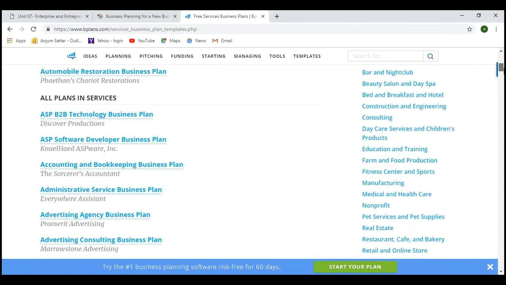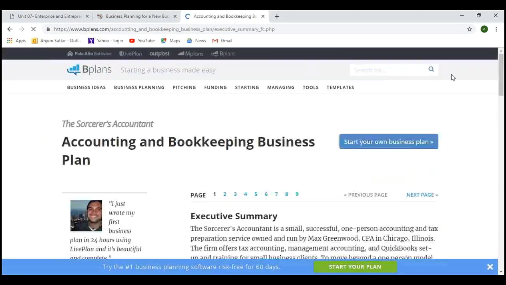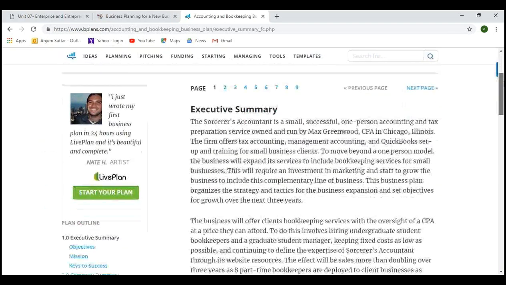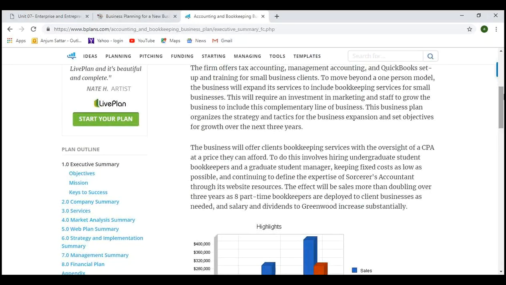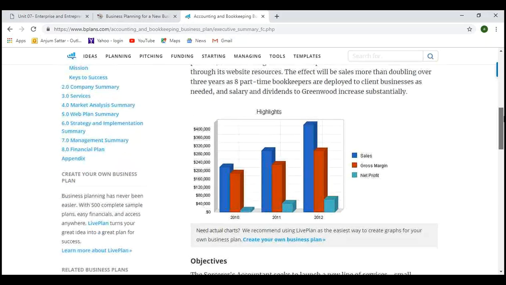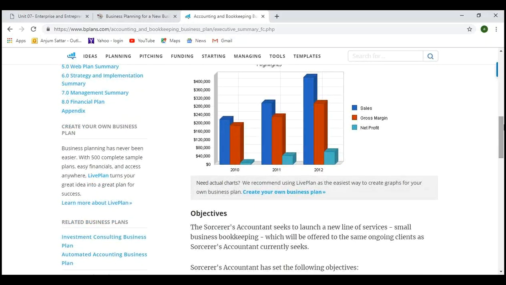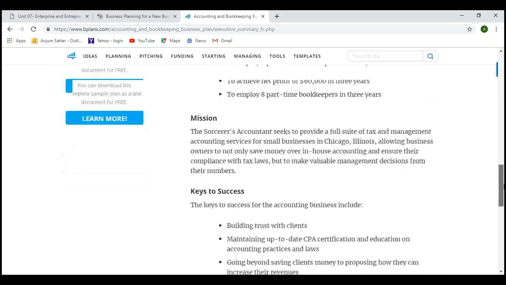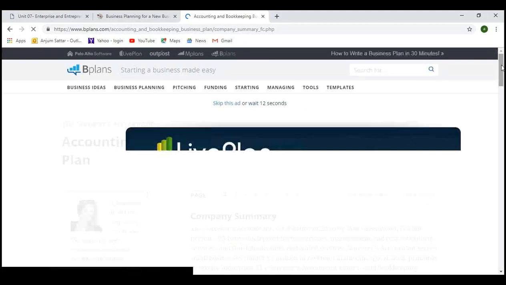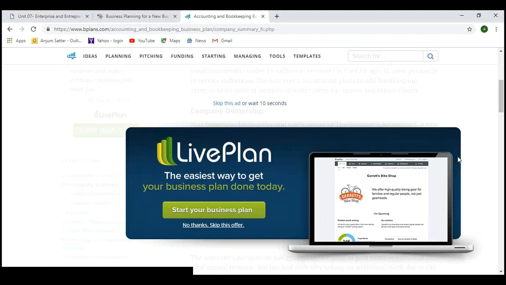So if we look here, there are some business plans, like software, accounting and bookkeeping business plans. So in their business plan there is an executive summary, and business sales, gross margin and net profit we are expecting, objective, mission, and key success factors which the business will measure performance against.